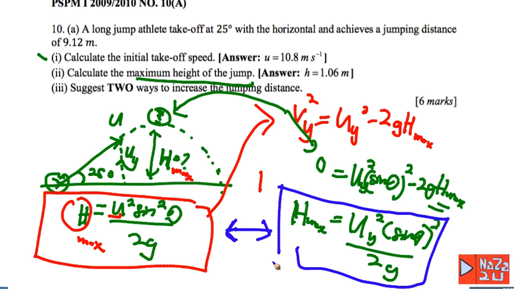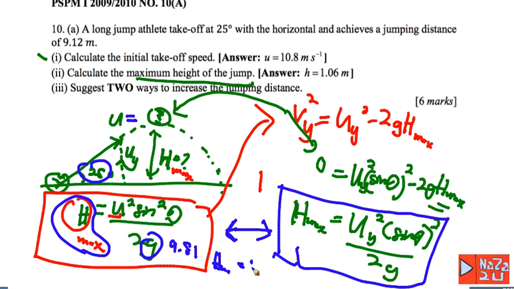So you can use this equation to find the maximum height, because the initial u is the answer from number 1, theta is 25 and g is a constant 9.81. So h maximum is equal to 1.06 meters. Okay, so we go to the next question.